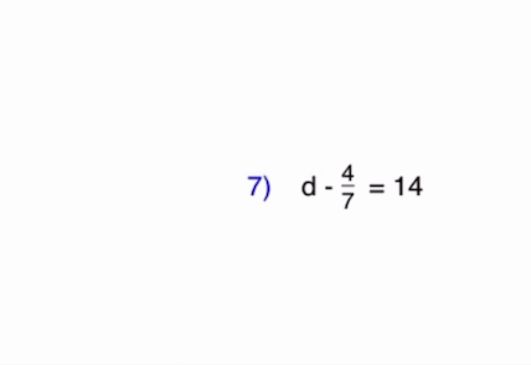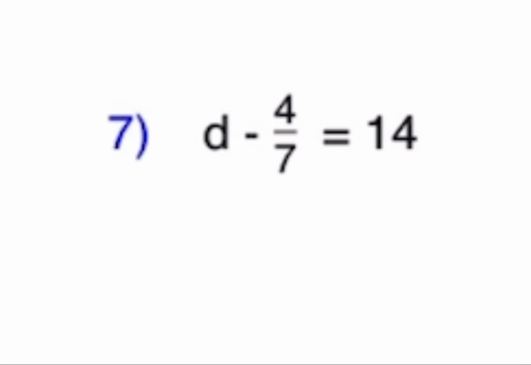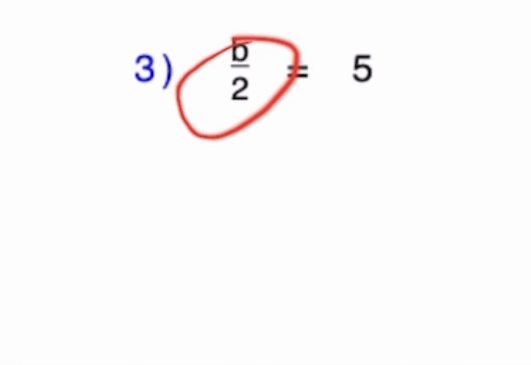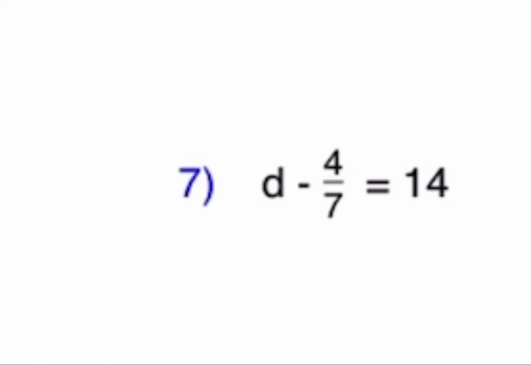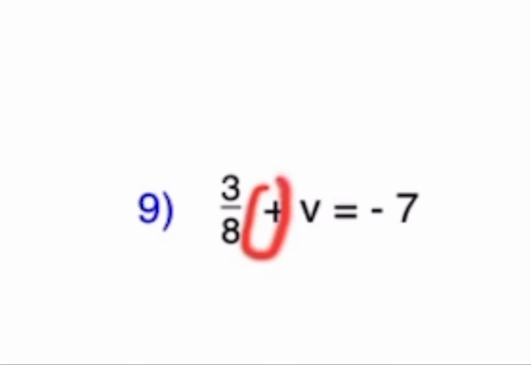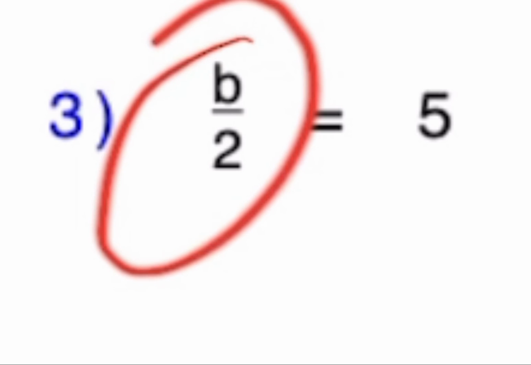So when trying to figure out what operation it is, we look at what operation is happening to the variable, okay? So this one, subtraction. This one, division. This one, subtraction. This one, division. Subtraction, division. Subtraction, division. Addition, division. Addition, division.